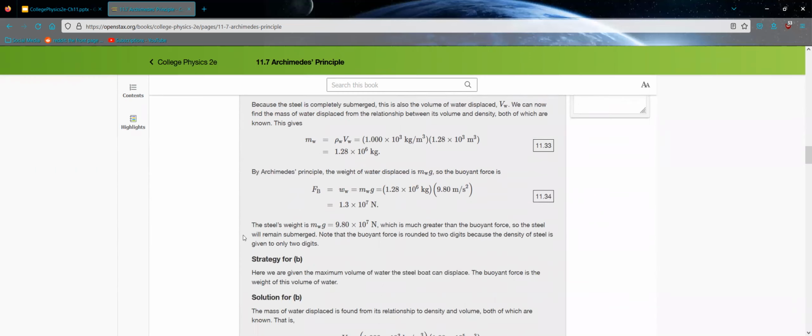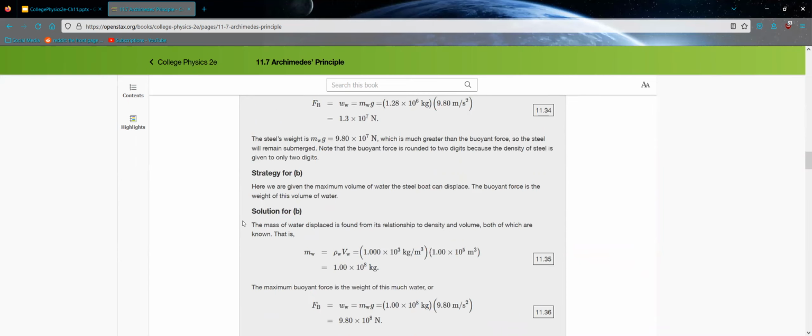So how much buoyant force exists for this cube? About 1.3 times 10 to the 7th newtons. Cool. Well, given the steel's weight at 9.8 times 10 to the 7th newtons, the downward force of the steel due to gravity exceeds the buoyant force of the water pushing back up on it. Therefore, this thing's going to sink.